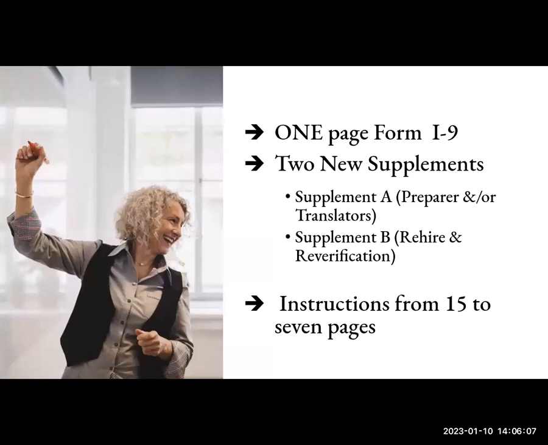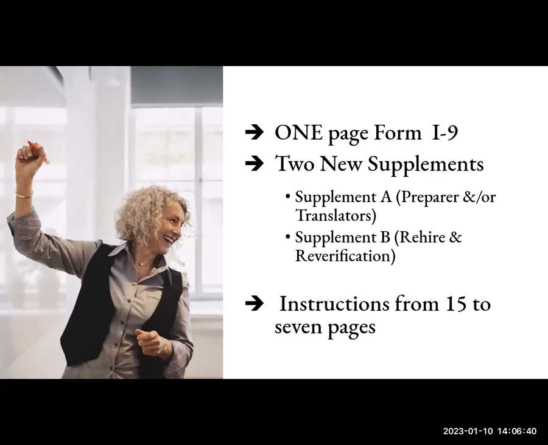So these are other things that, for some HR professionals, going to a one-page form was like, really? But many of the HR professionals that I've talked to really like to have a one-page form because they don't have to worry about what happened to the second form. They like to have it in one place. So here it is, a one-page form for you. Now, for those of you that may not have seen the form, Section 1 and Section 2 are going to be on that one page.